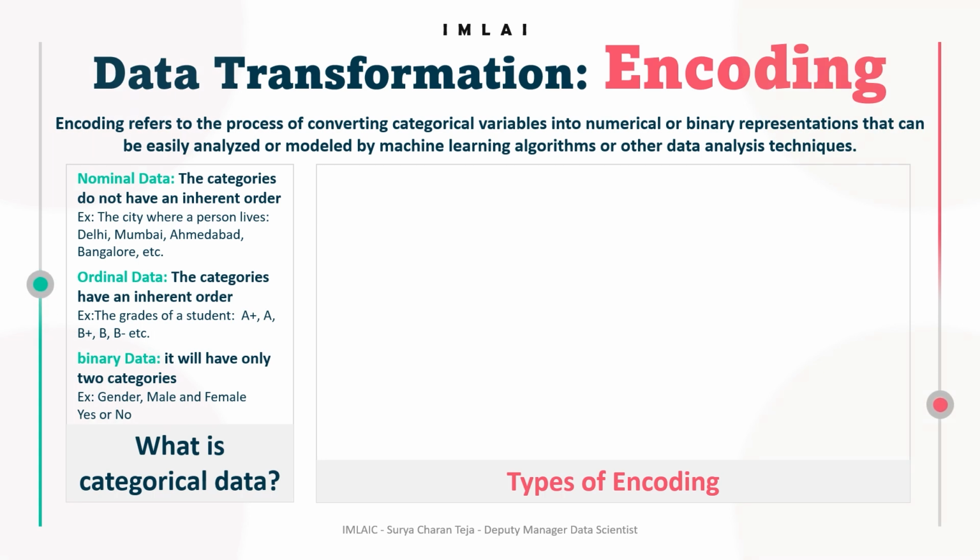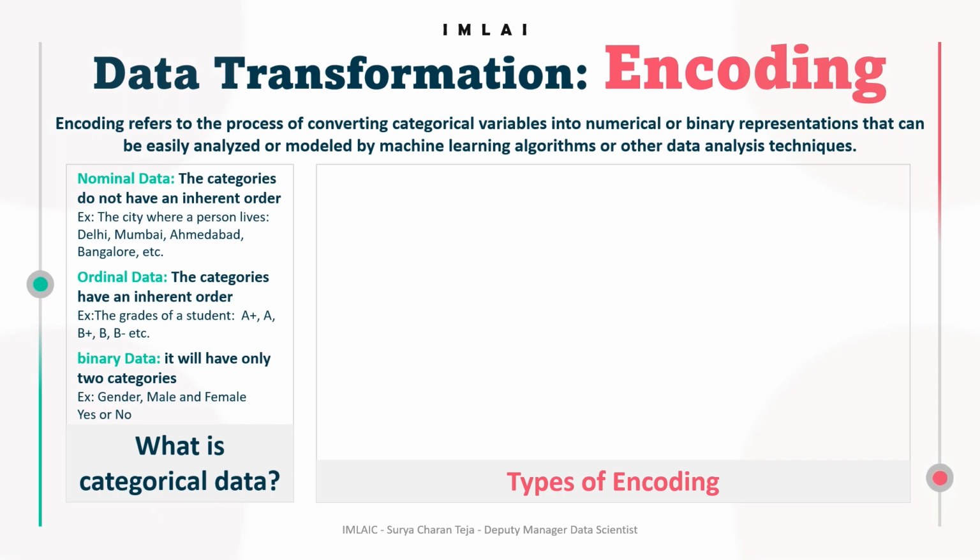Categorical variables are variables that represent discrete categories or groups, such as color, gender, country, and cannot be directly used as inputs in most data analysis or machine learning algorithms, which typically require numerical inputs.